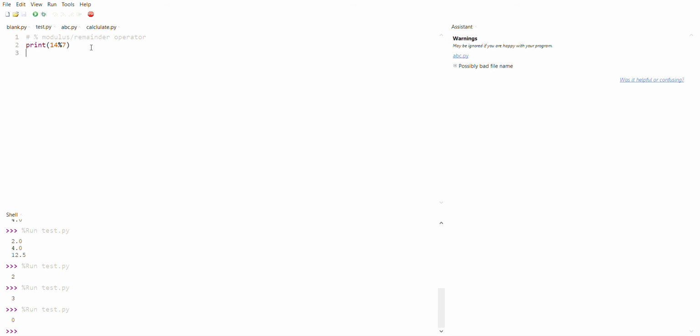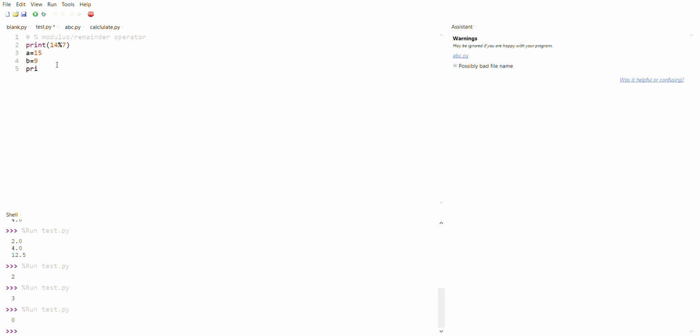Now we can also assign the values as we have seen below. Let's take a as 15 and b as 9.